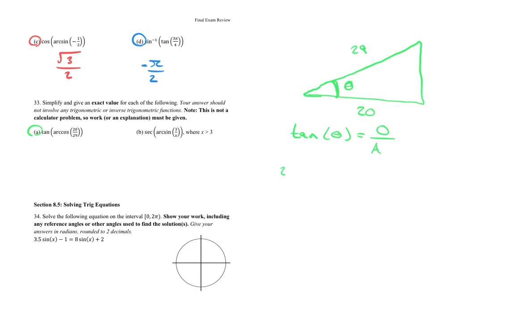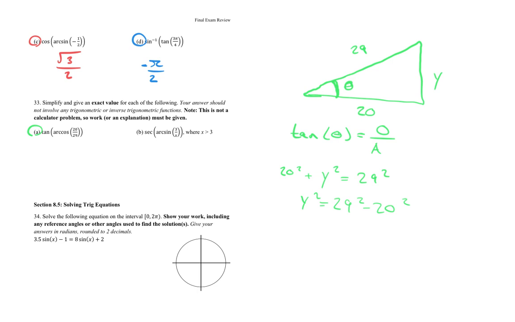So we're going to have 20 squared plus, I'm going to call it y, just for the time being, y squared equals 29 squared. So we know that y squared equals 29 squared minus 20 squared.